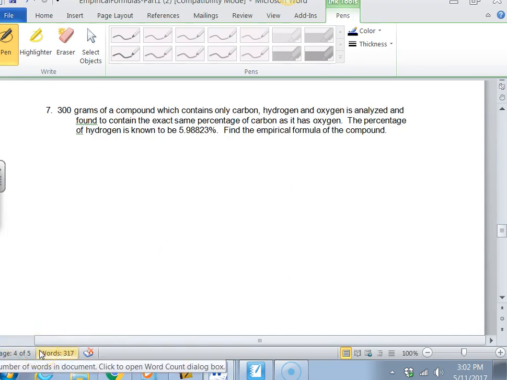Problem number 7, we have 300 grams of a compound that contains only carbon, hydrogen, and oxygen. And it's found to contain the exact same percentage of carbon as it has oxygen.